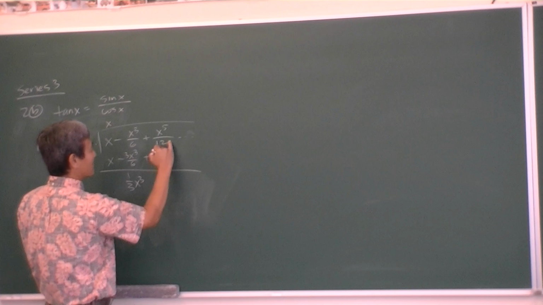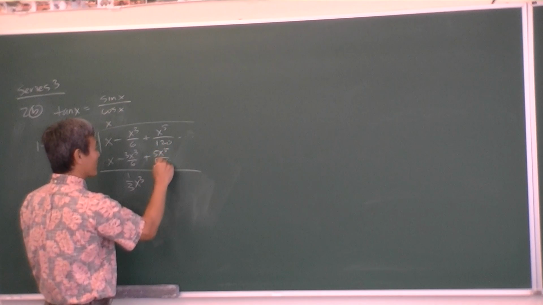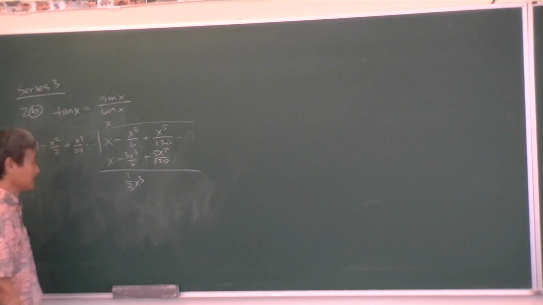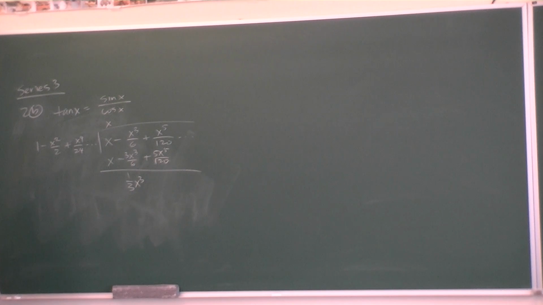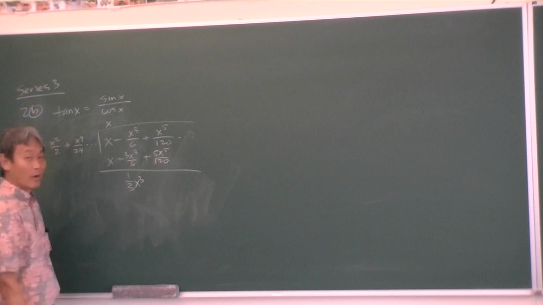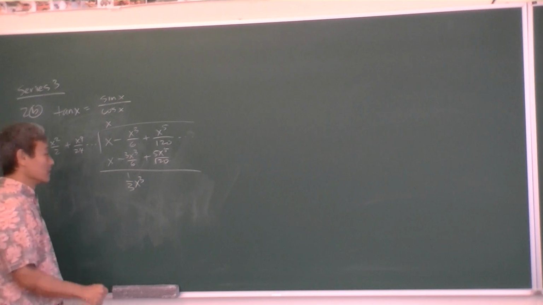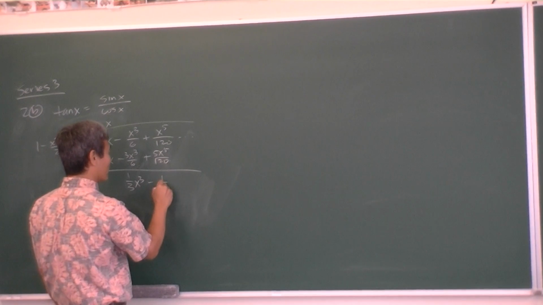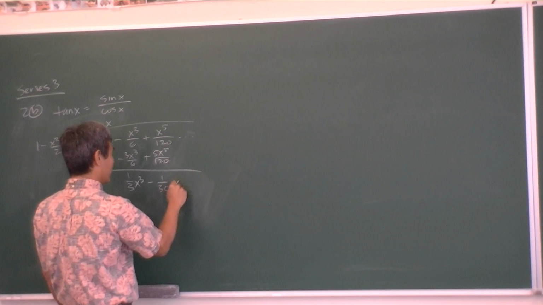Now the least common denominator is 120, so this is like 5 over 120. Subtract. Negative 4 over 120, which can be reduced to negative 1 over 30.